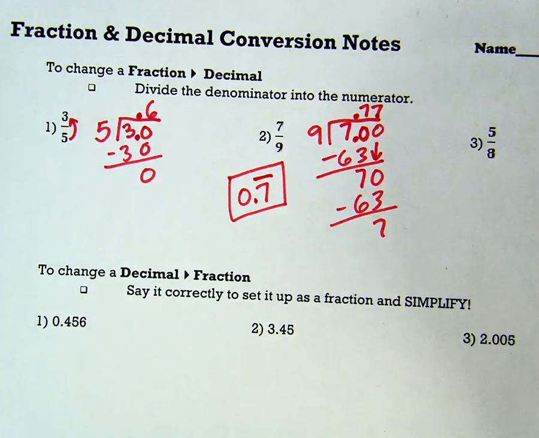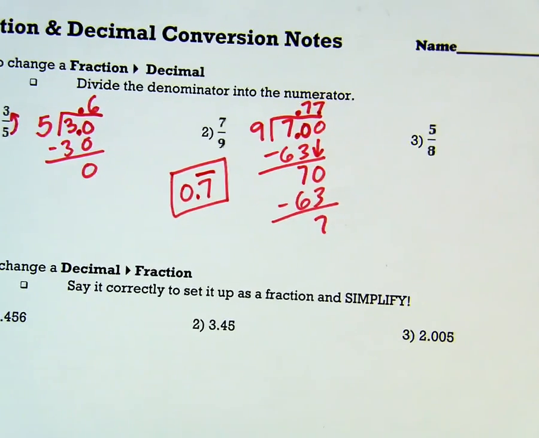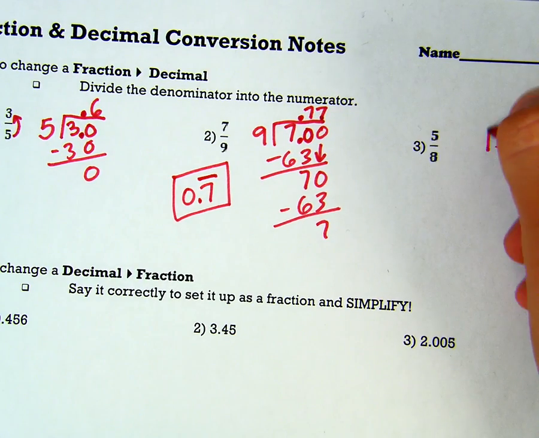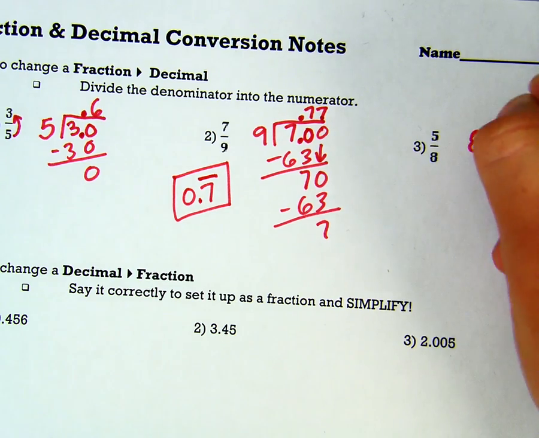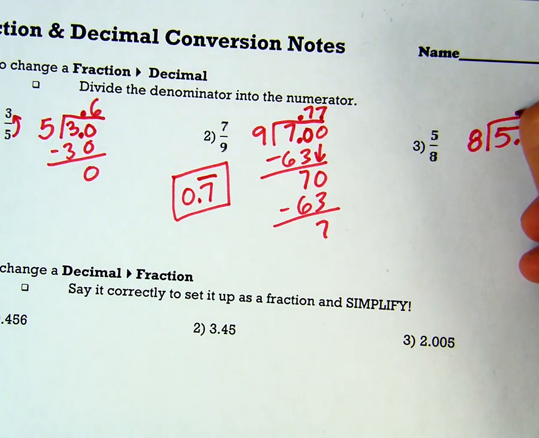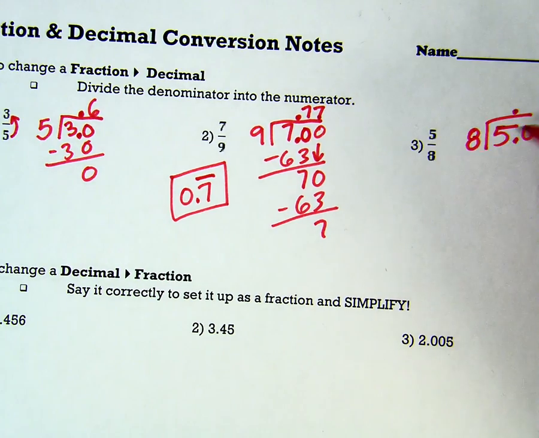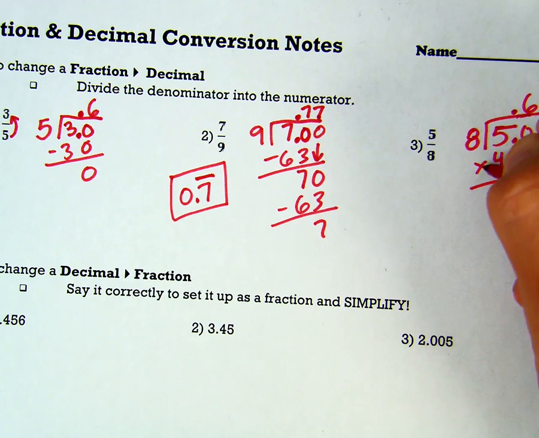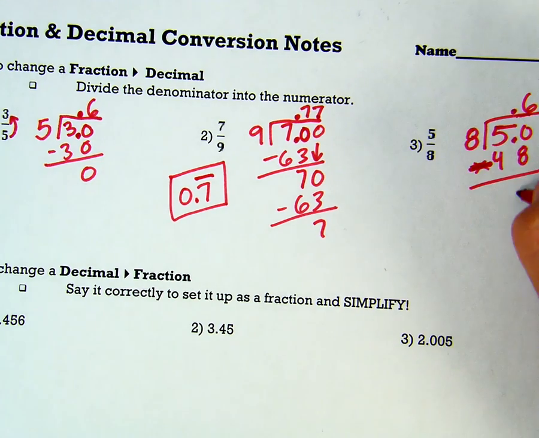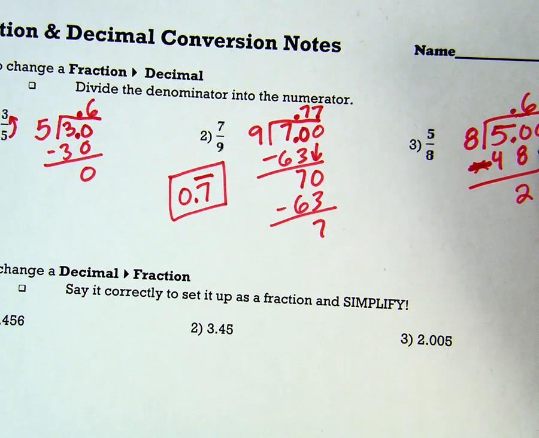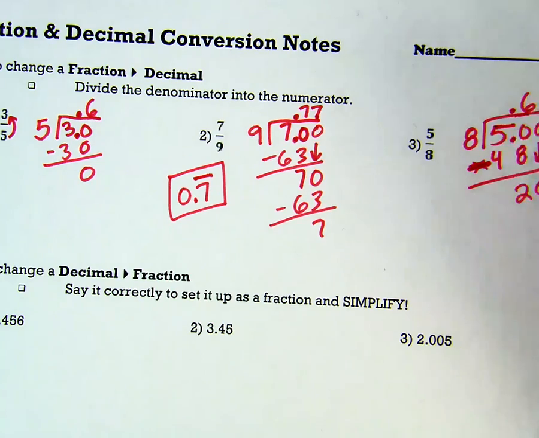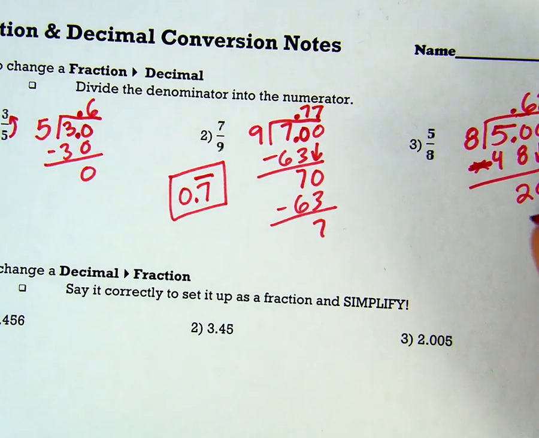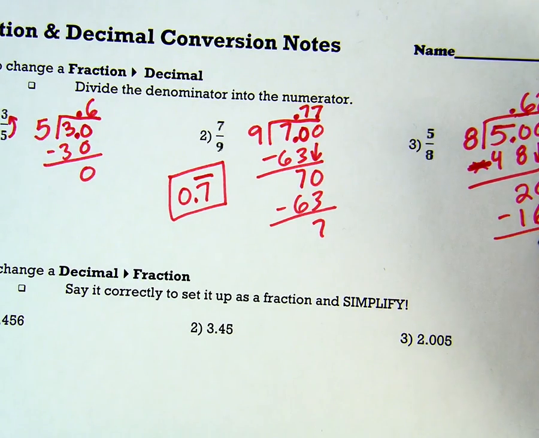Okay. Number 3, I have 5/8. So I'm going to do 5 divided by 8. That's my decimal and add the 0. 8 goes into 50 6 times. So to multiply those, that's 48. Let me subtract them. You get 2. Bring down a 0. 8 goes into 20 twice. 16.